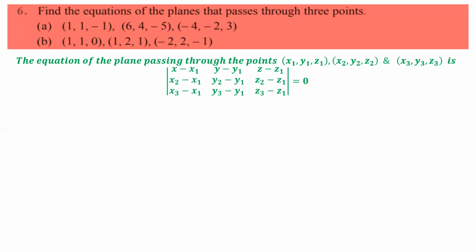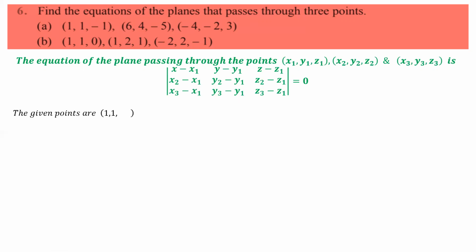First of all, we need to check whether the given points are collinear or not. If they are collinear, that means from these 3 points, you can draw an infinite number of planes, or find the equations of an infinite number of planes. But if they are not collinear, then you can find a unique equation of the plane.